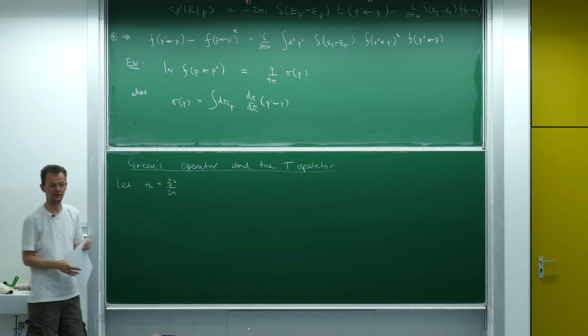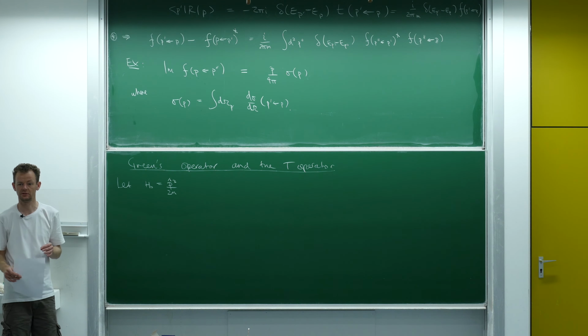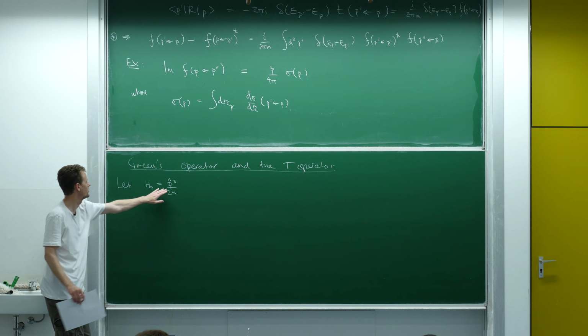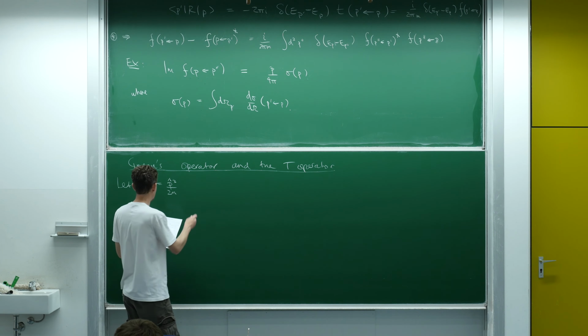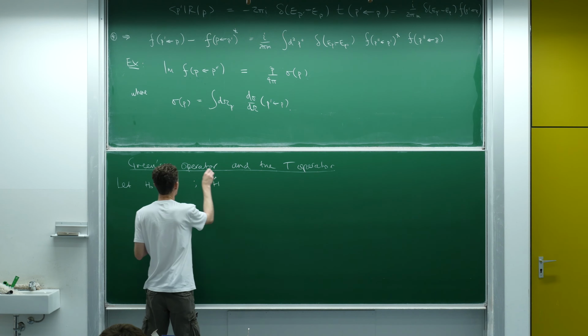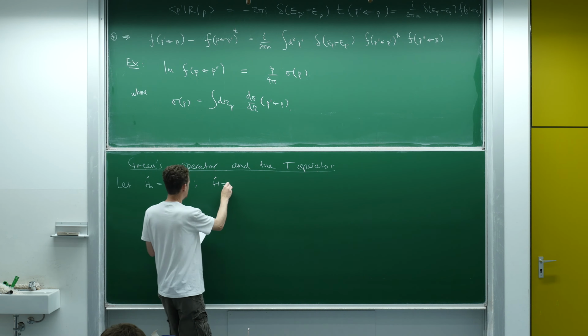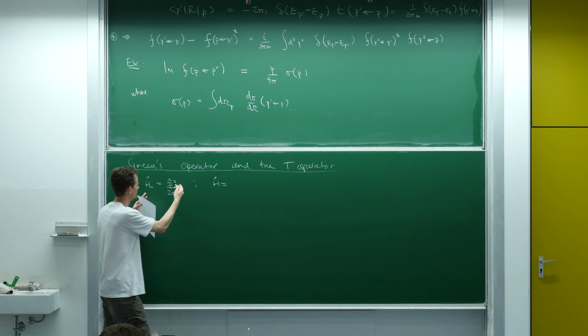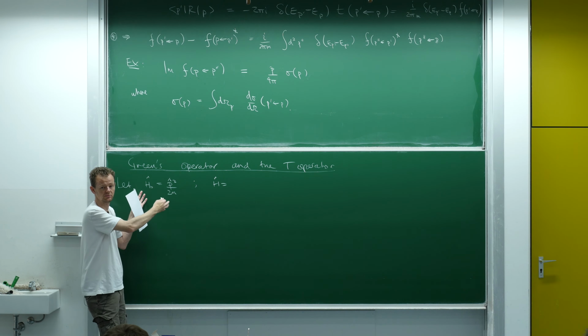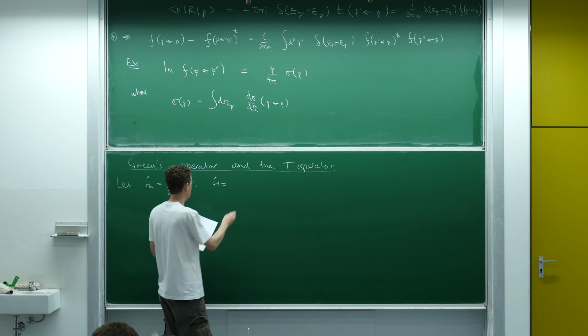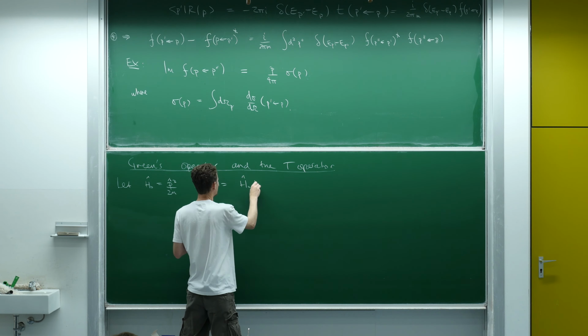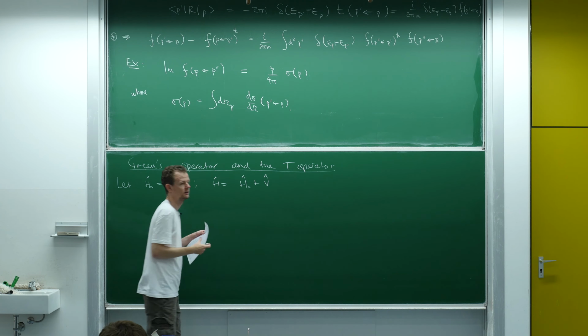Let's consider our favorite Hamiltonian in relative coordinates, the free particle Hamiltonian. And this is meant to be the free part of a scattering experiment. This is what models the particles when they're far away from each other. And here is what models the system when they're close by.